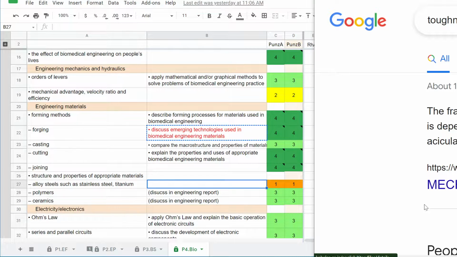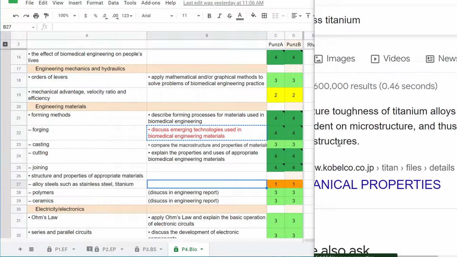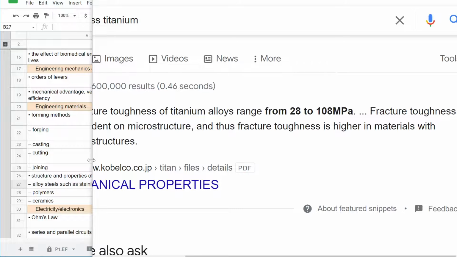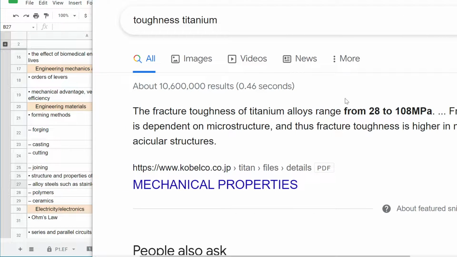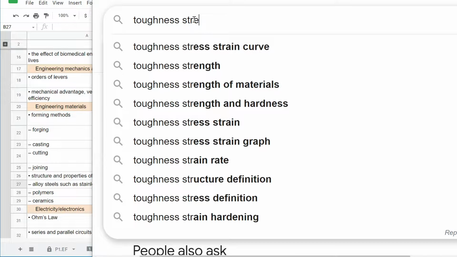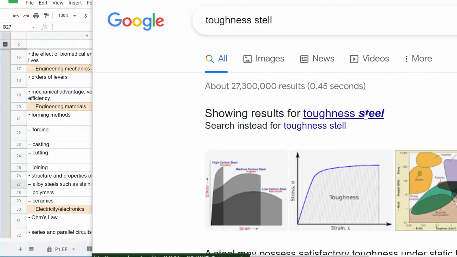Let's have a look. So the fracture toughness of titanium is 28 to 108, compared to steel.